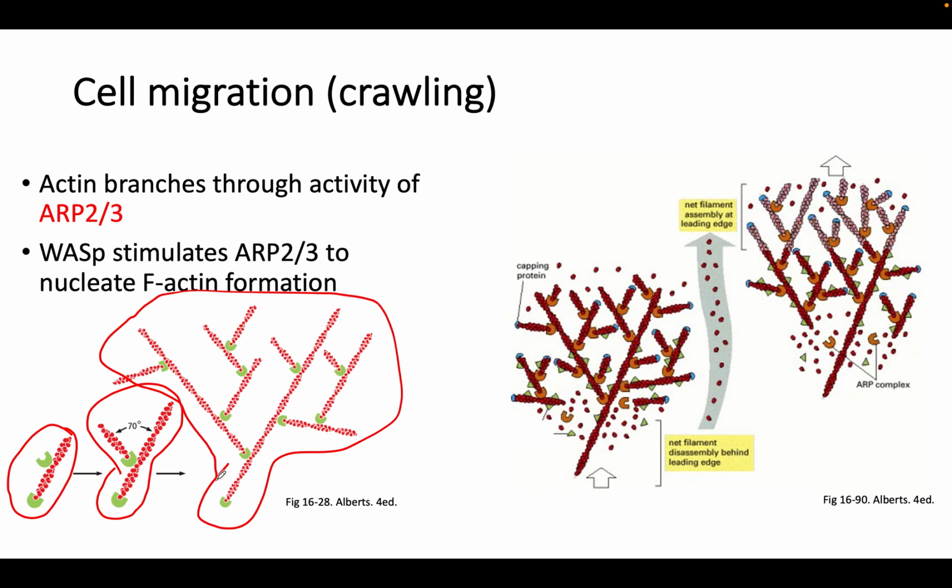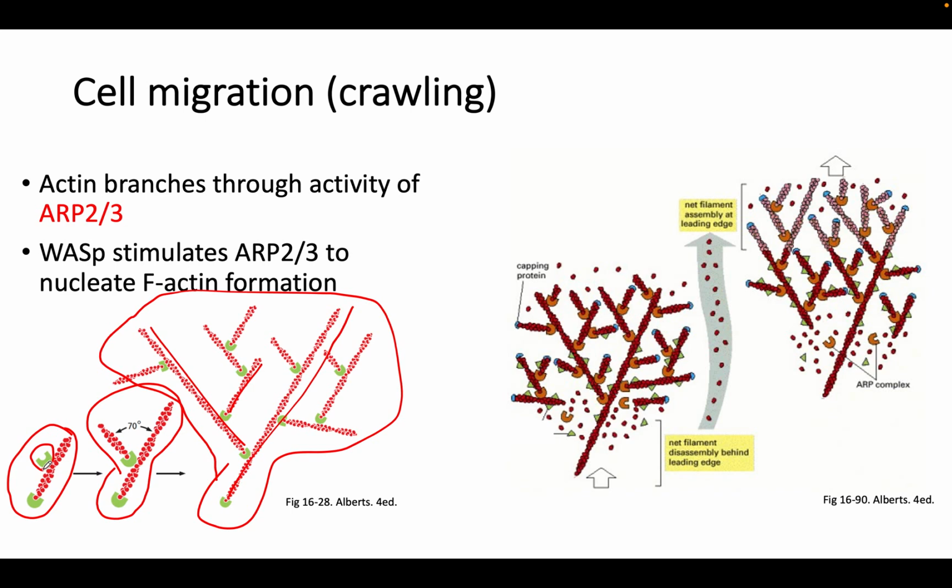Instead of the polymerization happening only in a straight line, it's forming all of these branches along the way. We're going to talk about the why in a second, but let's talk about the how first. Notice that the various branches start at this green node, and that green node is basically these proteins called ARP2 and ARP3.